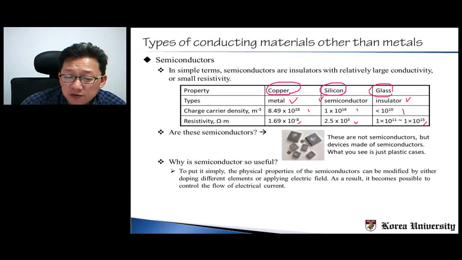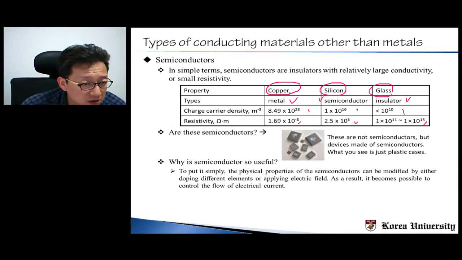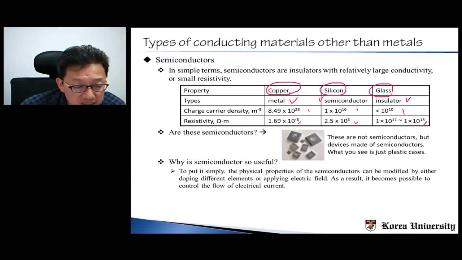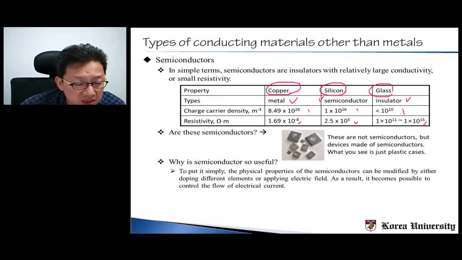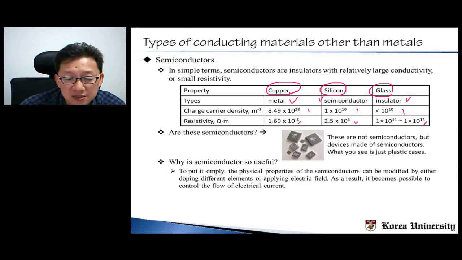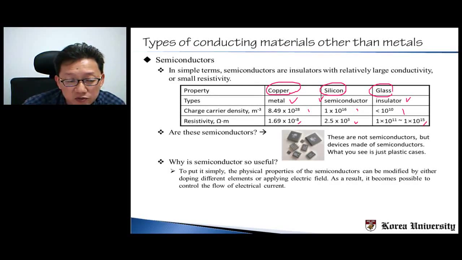But if you use a semiconductor, you can control it, because its property is somewhere between insulator and metal. You can modify its properties with some very clever tricks, so that sometimes it works like a metal, sometimes like an insulator. That's the basic idea. I have no time to explain it in detail, but later you will probably have some chance to learn more.